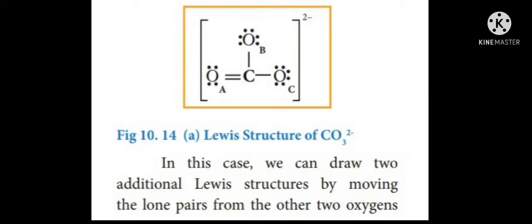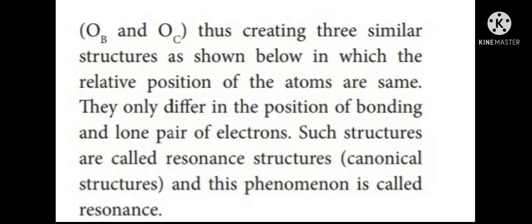In this case, we can draw 2 additional Lewis structures by moving the lone pair from the other 2 oxygens, that is oxygen B and oxygen C, thus creating 3 similar structures, which are shown here.